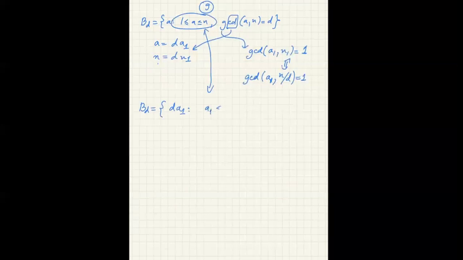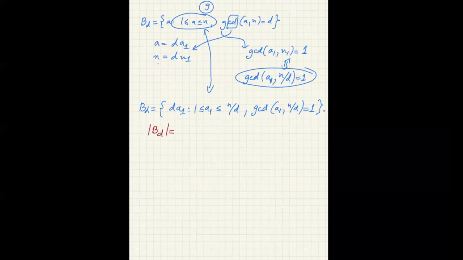That is the same thing as A_1 between 1 and N over D. And the fact that the GCD of A and N is D becomes this other condition here, the GCD of A_1 and N over D is 1. So this is the set B_D, and if you want to calculate its cardinality, from here, let me put it this way.